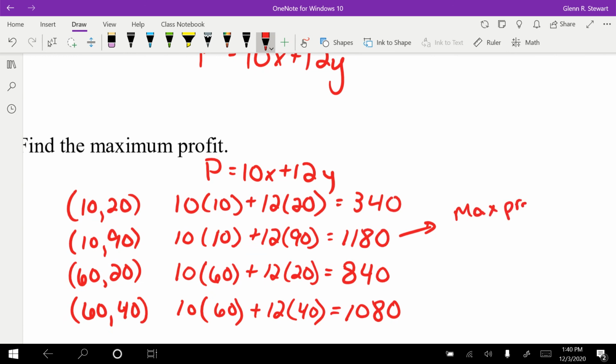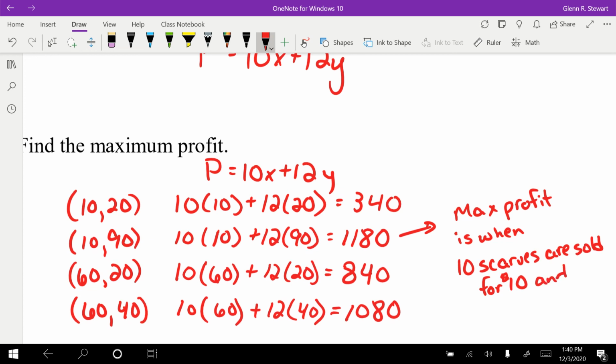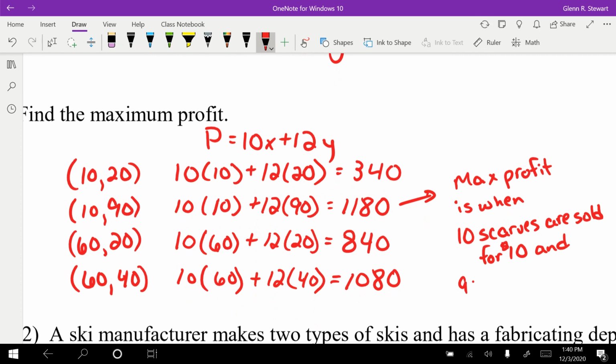So max profit is when 10 scarves are sold for $10 and 90 sweaters are sold for $12.